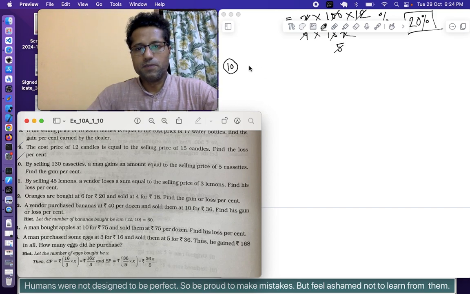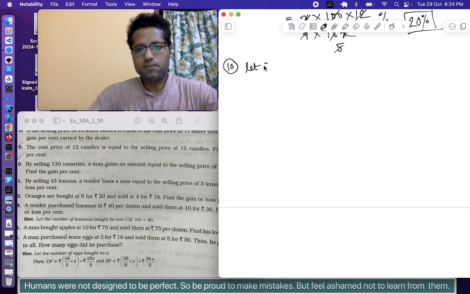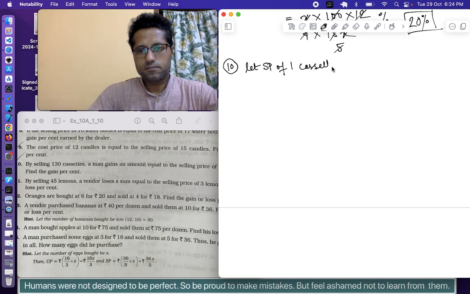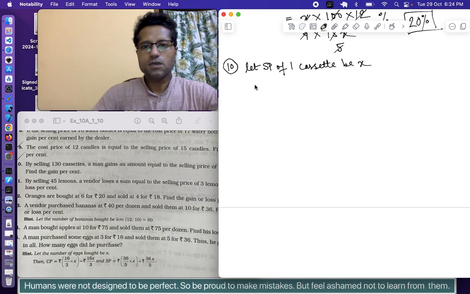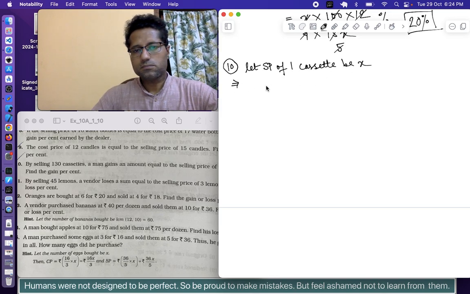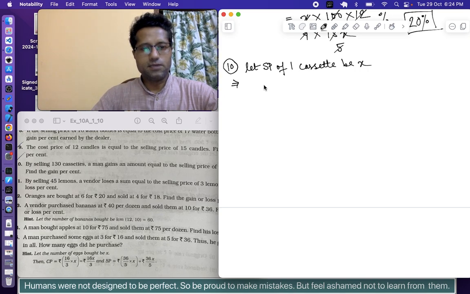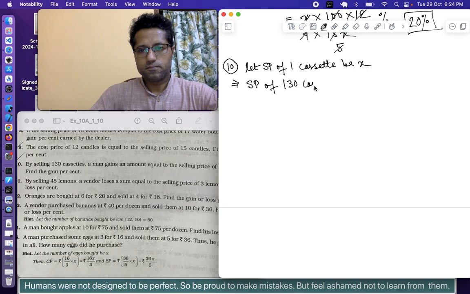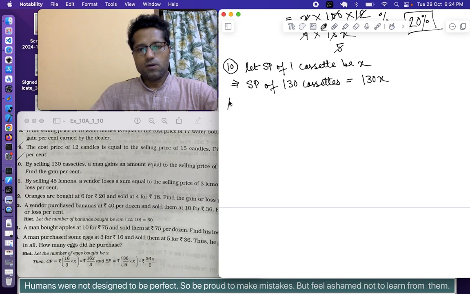Let the SP of 1 cassette be x. Therefore, since 130 cassettes have been sold, the SP of 130 cassettes is equal to 130x. Also, there is a gain.